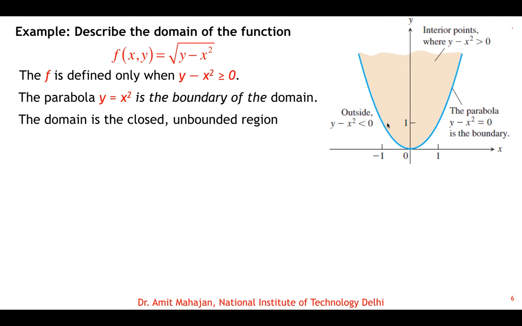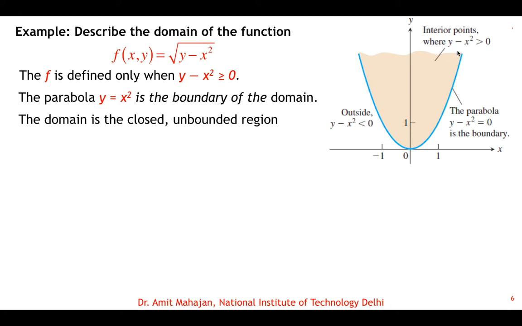So these two combined make the domain of this function, and all the points here for which y minus x square is strictly less than 0 will be outside the domain. This domain is closed because all the boundary points are part of the domain. So y equals x square is the boundary, and it is also part of the domain. So it is a closed region, and it is an unbounded region.